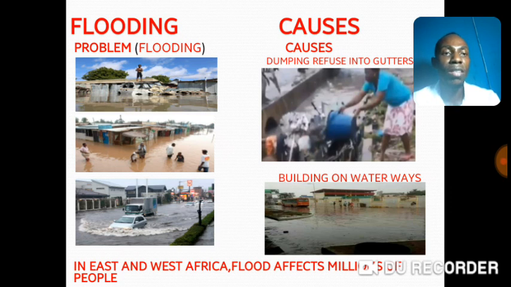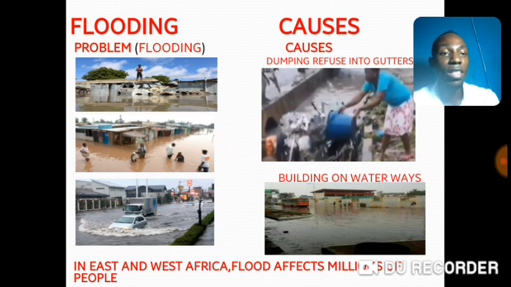As we can see in the picture on our right top, the woman is doing something which is awful. What is the woman doing over there? Right, she is throwing both liquid and solid waste into the gutter. The gutter is already choked.